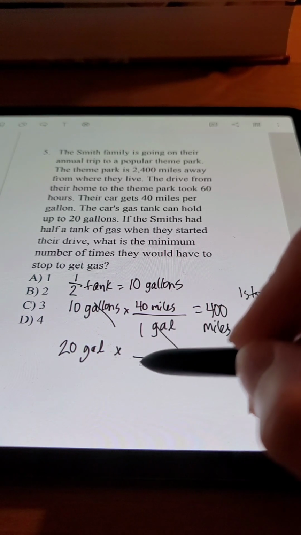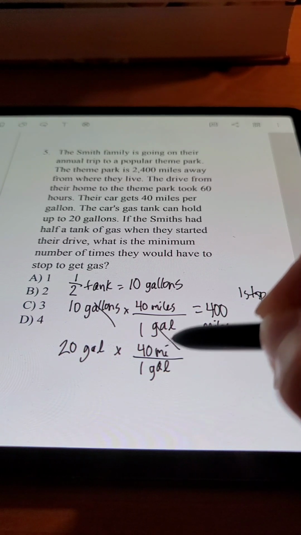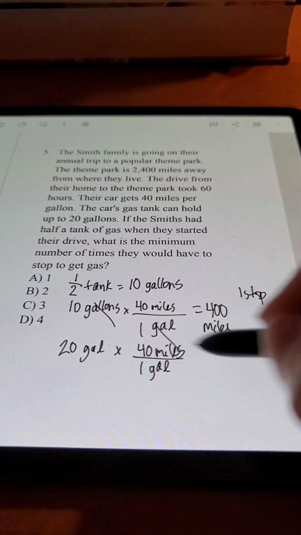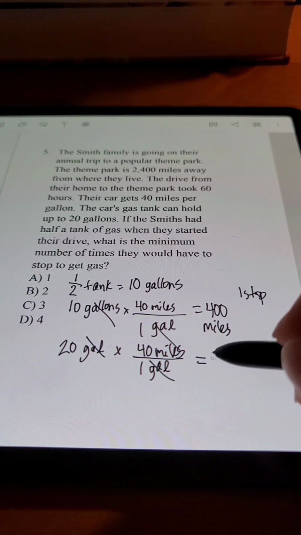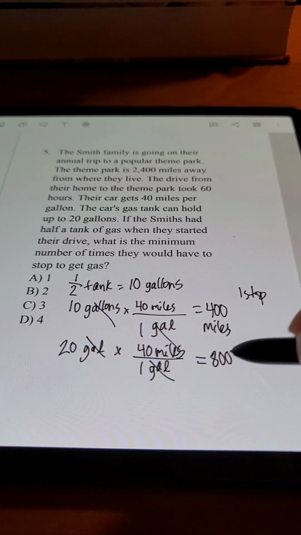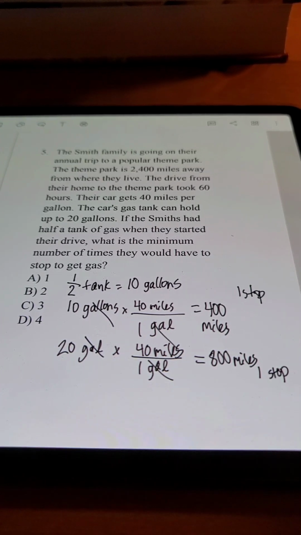And then, as always, 1 gallon equates to 40 miles that they can drive. So this is going to cancel out right there. And then I'm going to have that they can drive 800 more miles before they have to make another stop. So then there's going to be one stop after 800 miles here.